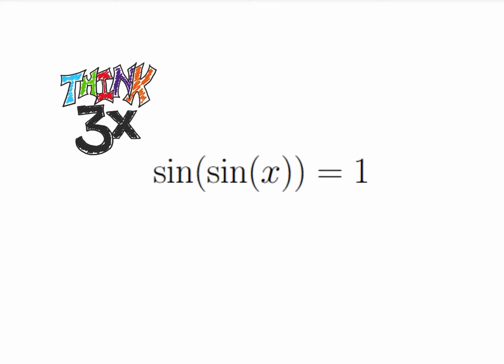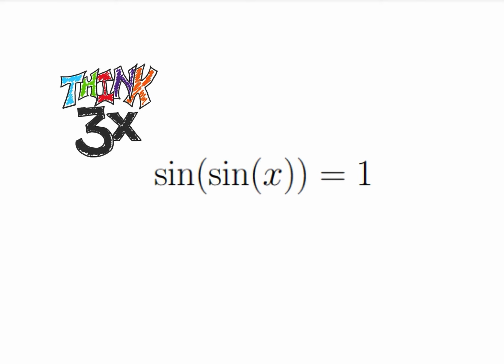I said we need to use complex numbers, and why is that? Let's investigate this problem. First, let's treat this whole inside as some other value. For now, let's call this z. So my problem is essentially sine of z is equal to 1. When is sine of z equal to 1? z is going to be equal to 90 degrees, or pi over 2.